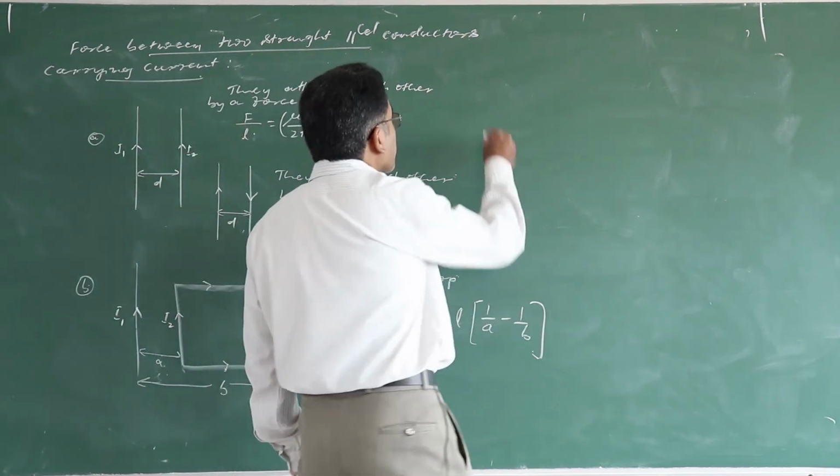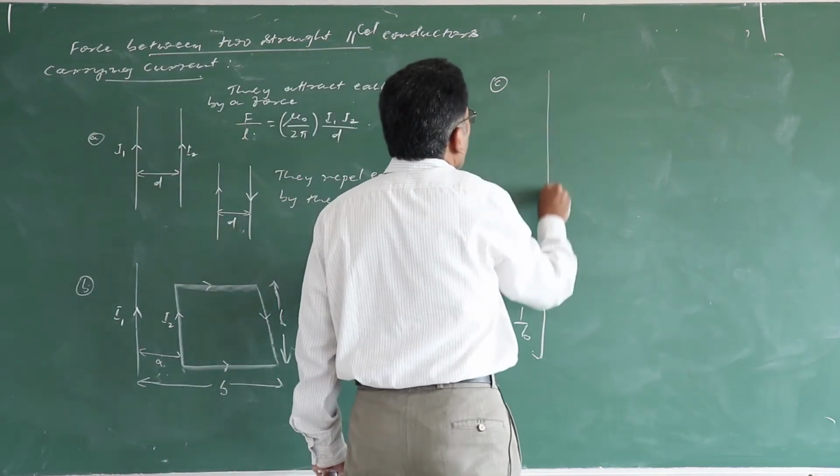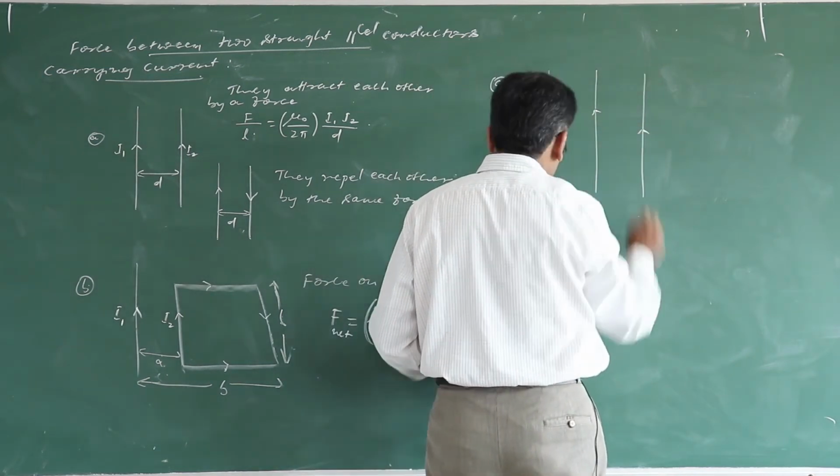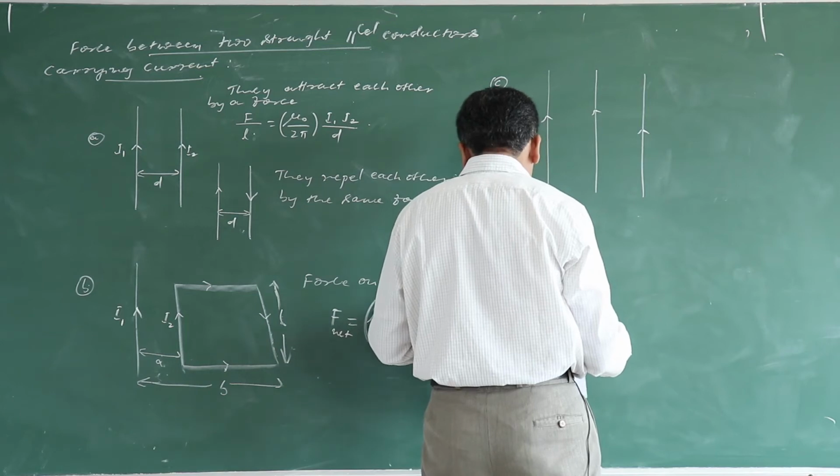Now let me take the case wherein there are three conductors carrying current, A, B, C. See, there are three conductors.